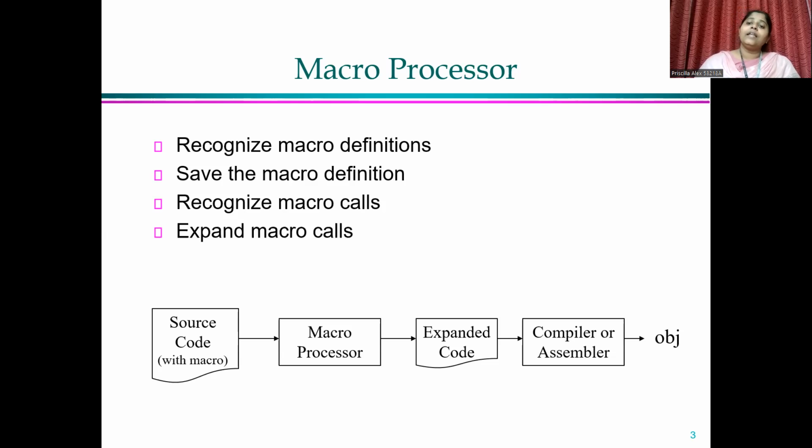But when we have a macro, before converting to object code and before going to the compiler or assembler, the macro processor expands the code, and some processing is done in the intermediate stage. Okay, so that is where the macro processor stands.